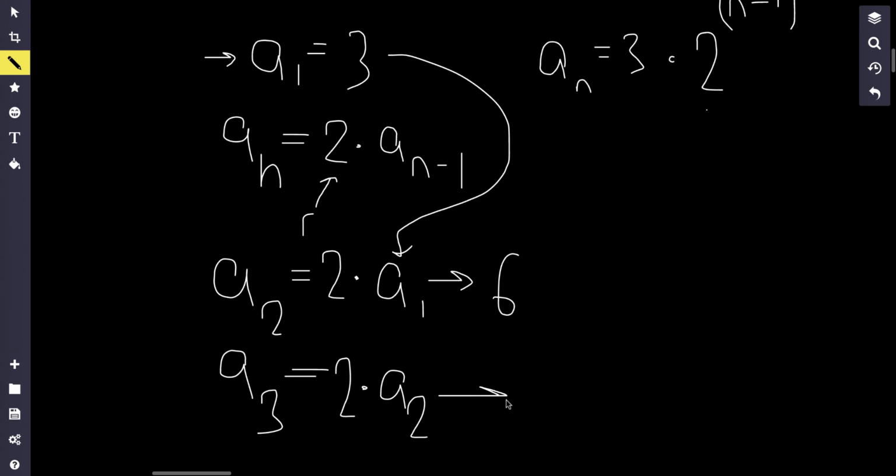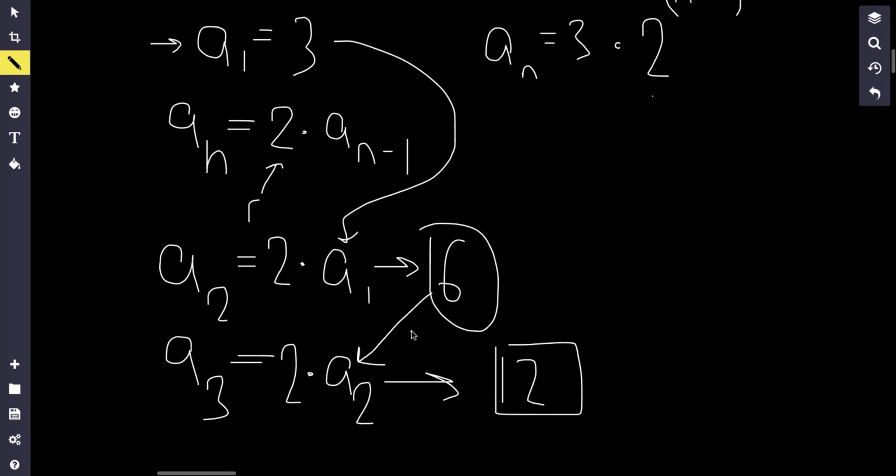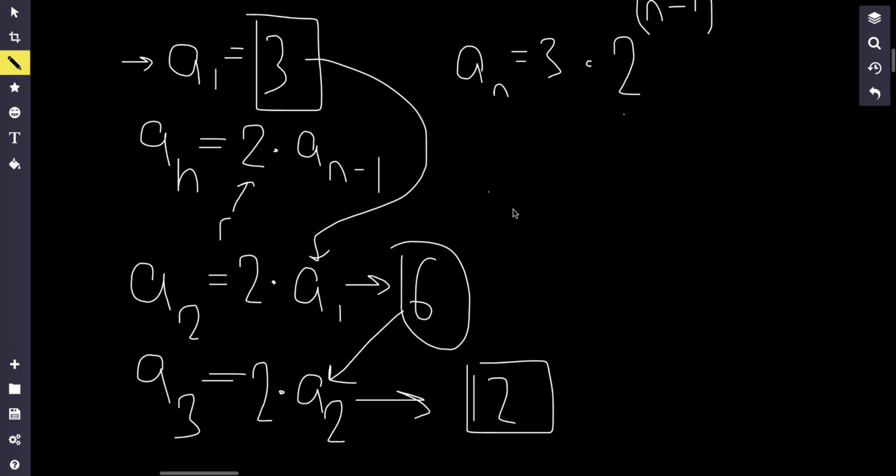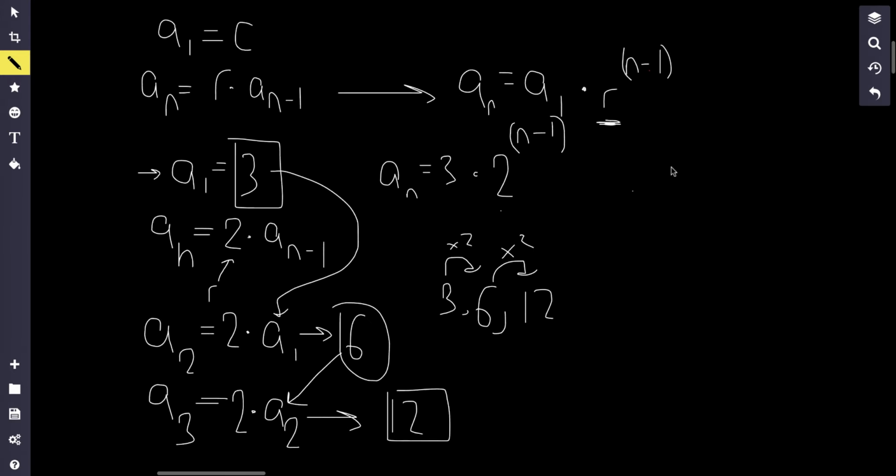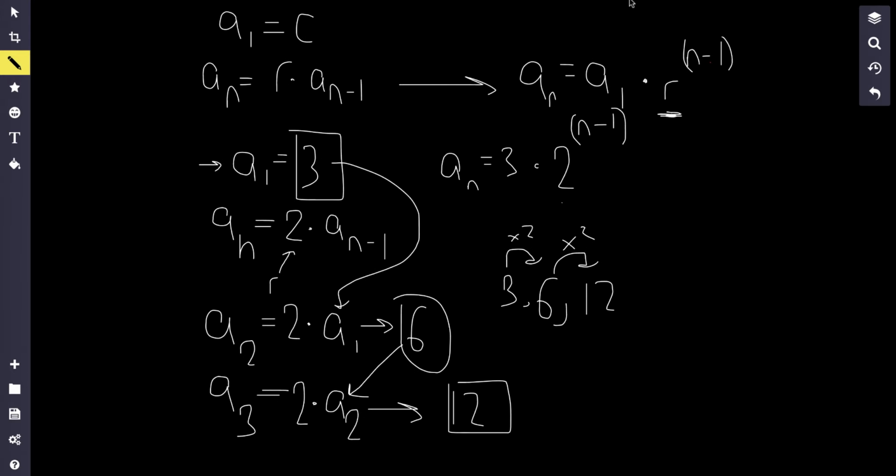A sub 2 is equal to 6. So substitute that in here. 2 times 6 is 12. And look, a sub 1 is equal to 3. My second term is equal to 6. My third term is equal to 12. Notice the pattern. So that is how you do it for geometric sequences.